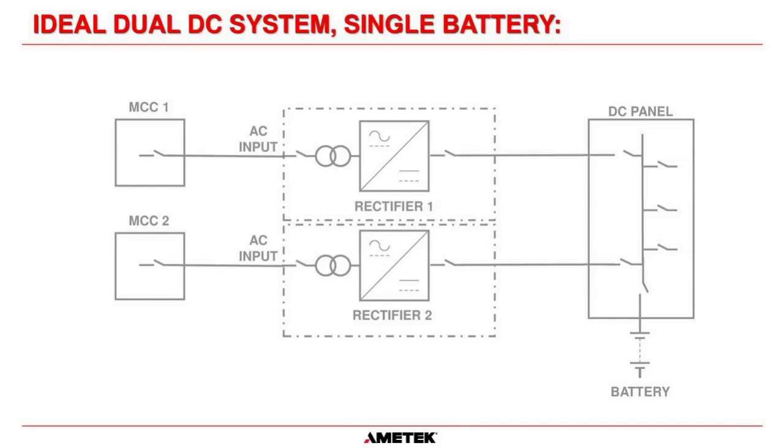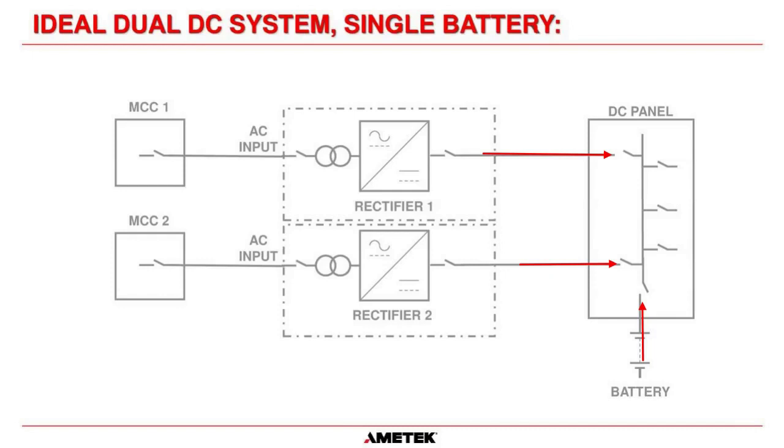For a dual parallel redundant system, you would have to install two 100 amp chargers, because if one fails, then the other one can supply the full 100 amps if necessary. And then you can see here that our load cables are going out onto separate disconnects on the DC panel. In this system, they only have one battery. So they have two parallel chargers, but they have one battery.